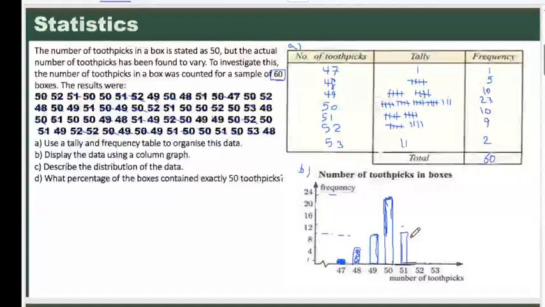That would be a little shorter than 10. I get it here. And for 53, it's 2. I get it here.